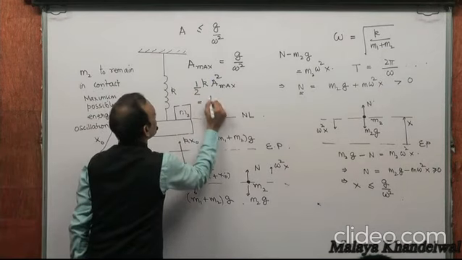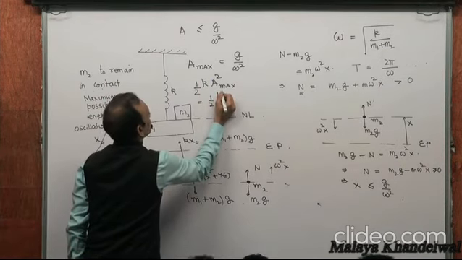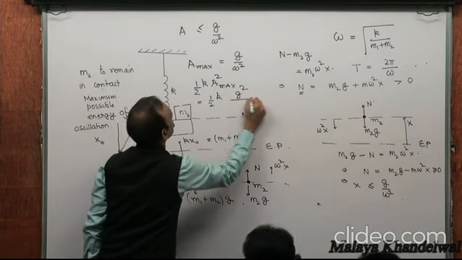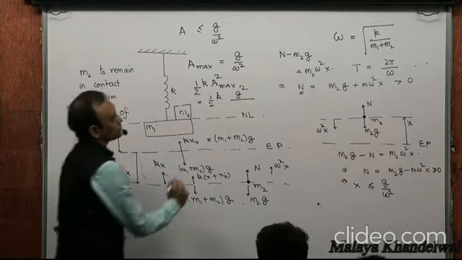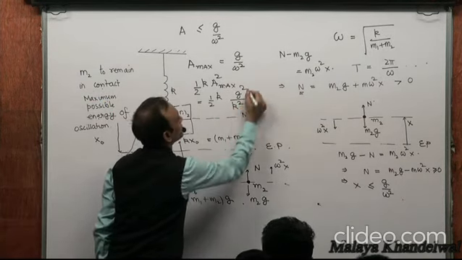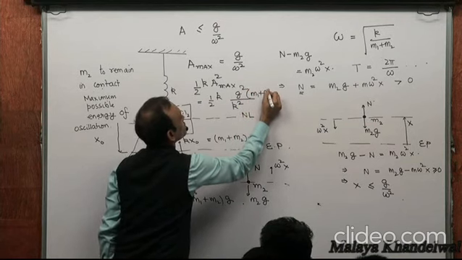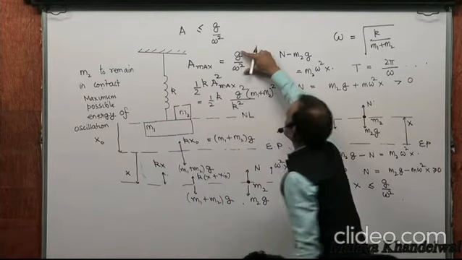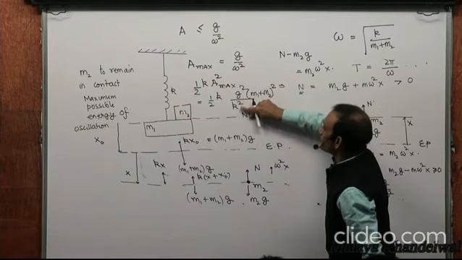Which is half of k into A max squared, and A max squared is g squared by omega to power 4.